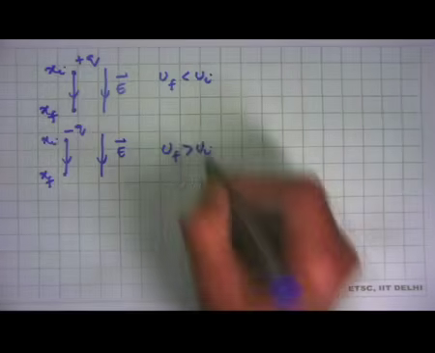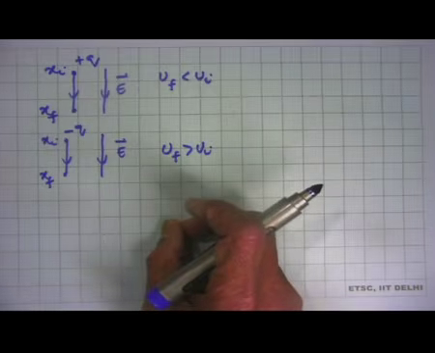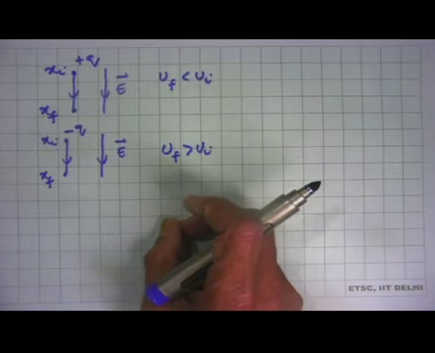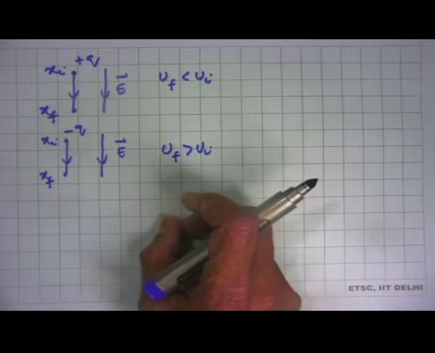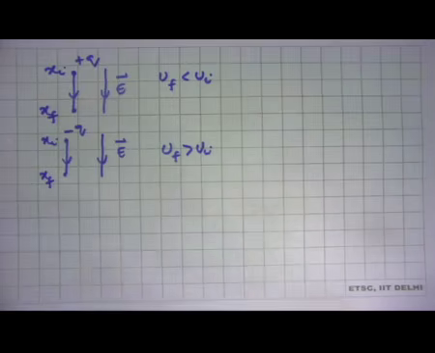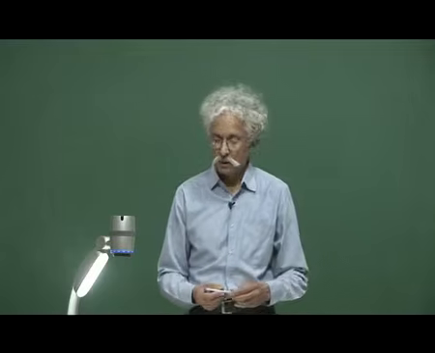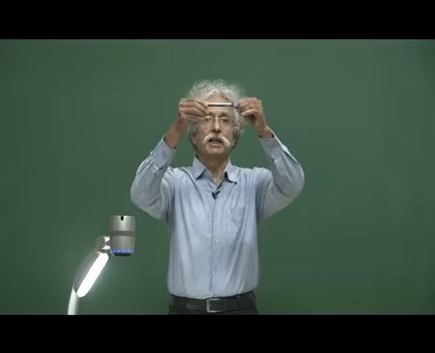Depending on the direction of the electrostatic force, if I have to move the charge against the electrostatic force, the work done by the external agent on the charge is positive, and so the potential energy increases. If the movement is along the direction of the electrostatic force, the work done is negative and the potential energy decreases. This is also consistent with the gravitational situation, where if I have to move against the gravitational field, the potential energy increases.